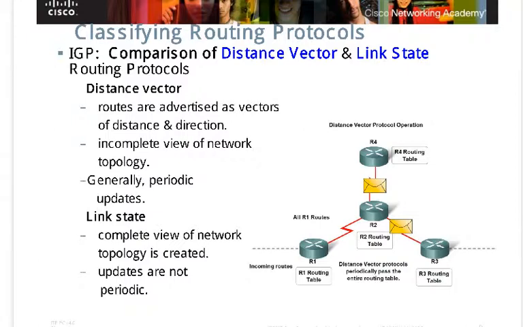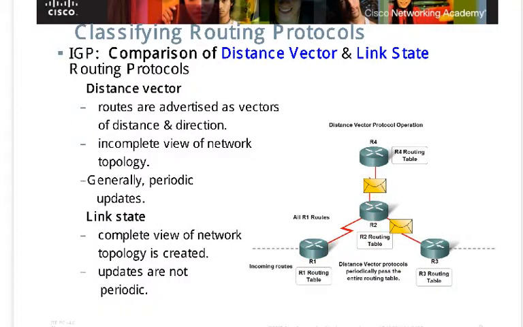So we started talking last time about the comparison between distance vector and link state routing protocols. And we said that for distance vector, each router sends periodical route updates. And through these route updates, each router will calculate the total accumulated distance between itself and all the other possible destinations.